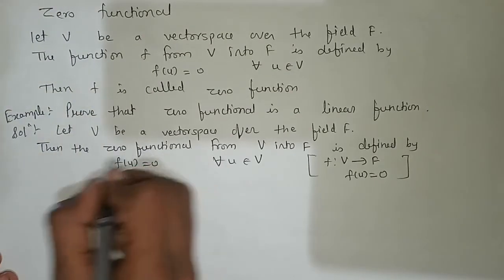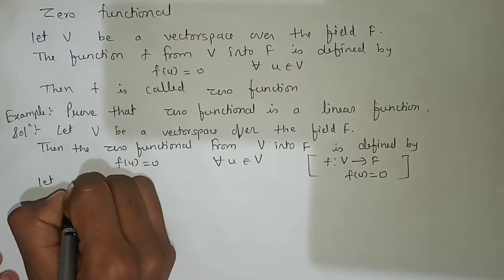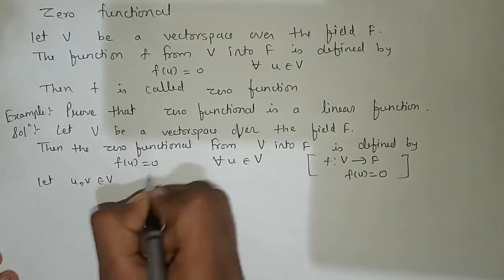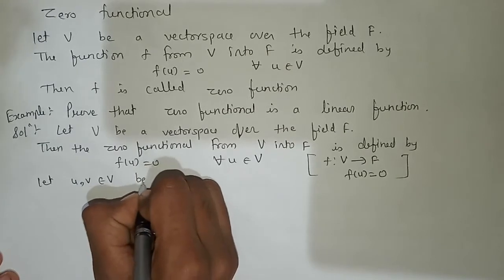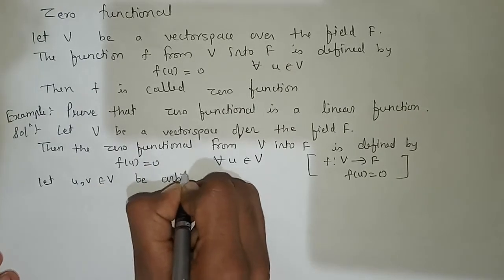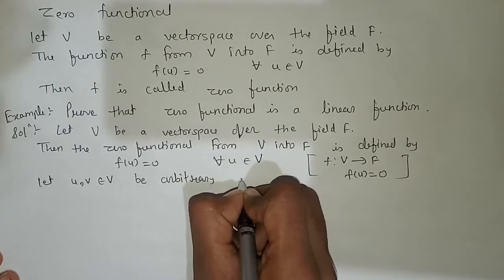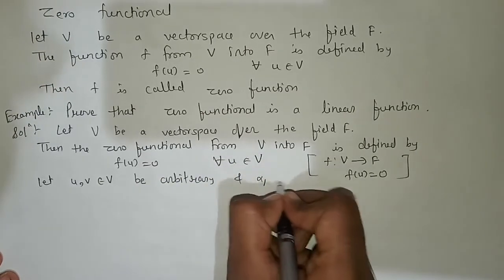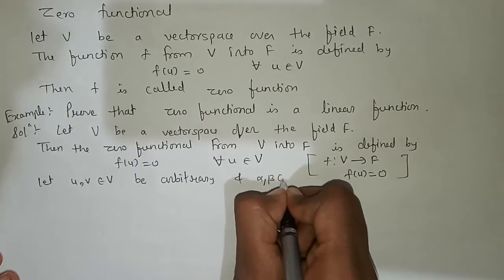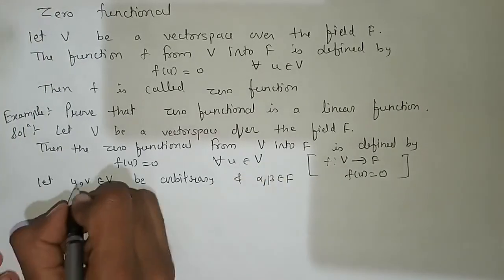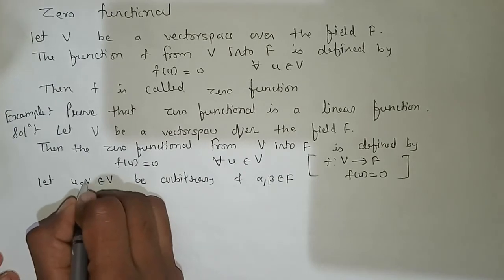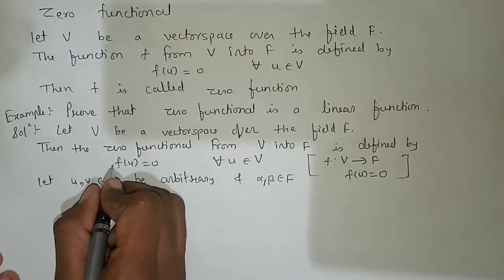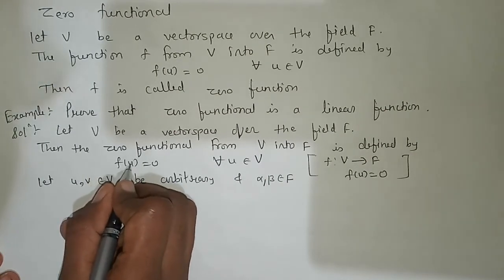So to prove this, suppose we are considering only two elements, let them be u and v. Now u and v belong to V. We are selecting these two elements arbitrarily, and to prove it linear, we are selecting any two scalars alpha and beta belonging to F. Now if u and v belong to this V, then obviously they will follow the definition of this function.